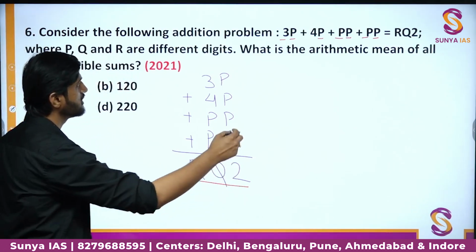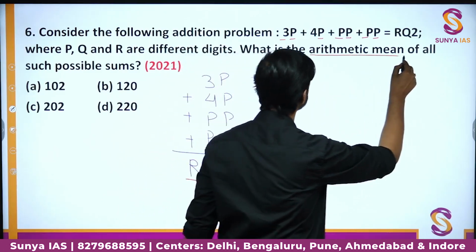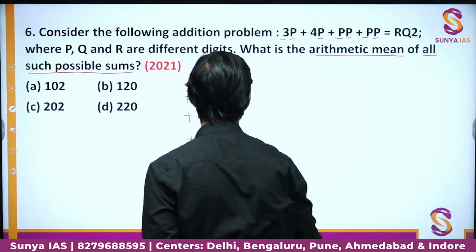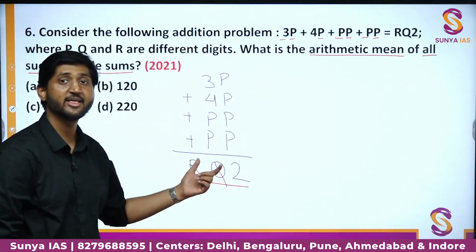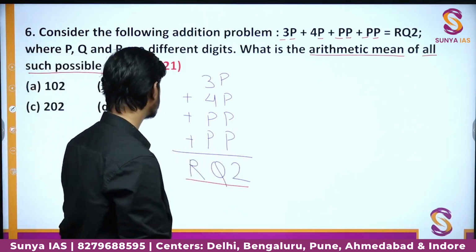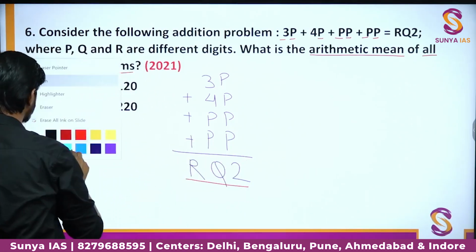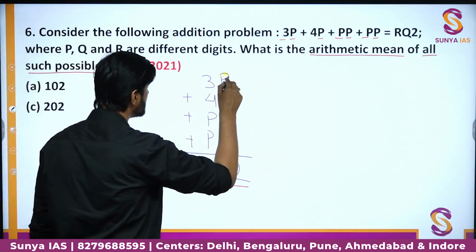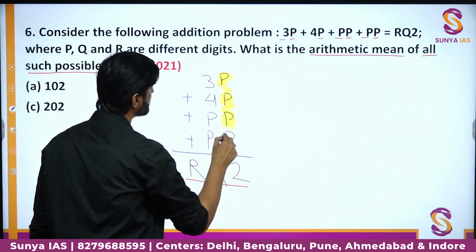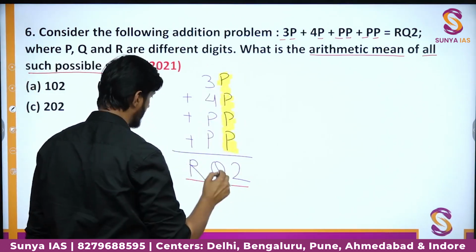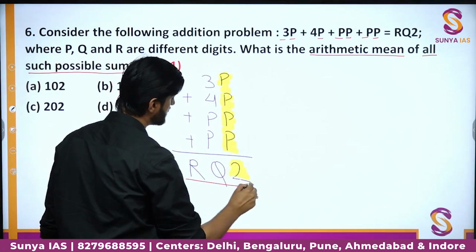The question says, what is the arithmetic mean of all such possible sums? So we have to find all the possible sums, and then find their arithmetic mean. Let us see how we approach this question. Here you can see one common pattern is that P is the last digit of all the numbers we are going to add, and the last digit is coming out to be 2.